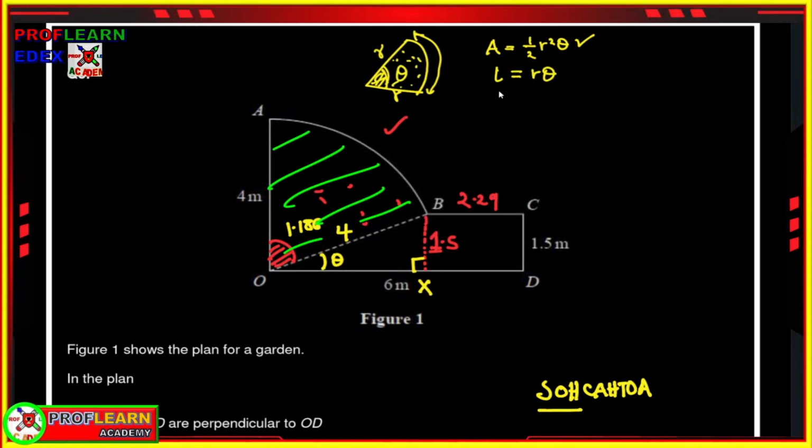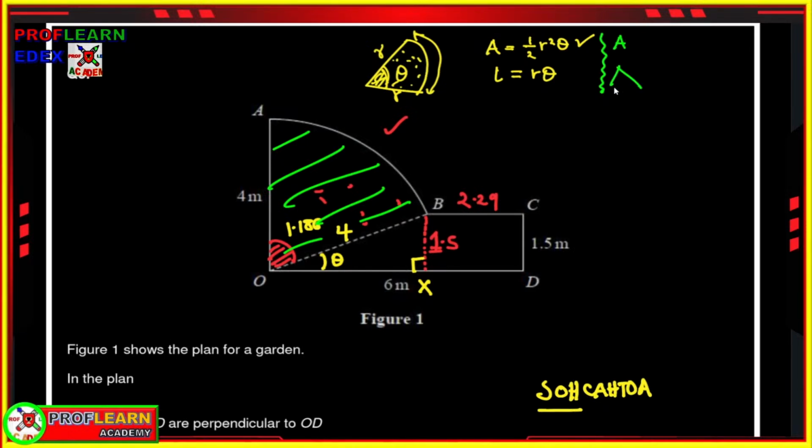Remember, we use these formulas whenever we are talking about sectors and arc length, when you are given the angle in radians. Another very important formula you will be using mostly in this topic is the area of a triangle.